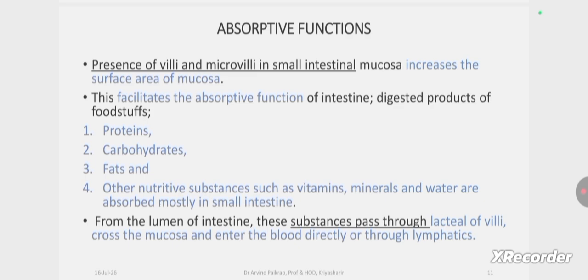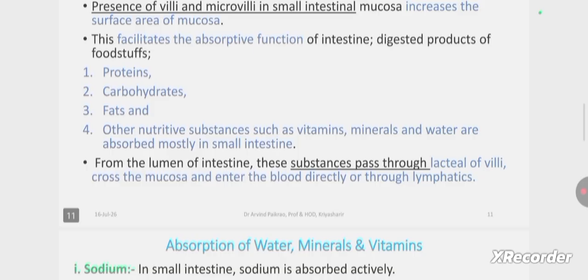Certain foodstuffs are absorbed from the small intestine. Protein, carbohydrate, fats, other nutrients, vitamins, minerals and water are mostly absorbed from the small intestine. How is the absorbed material transported?